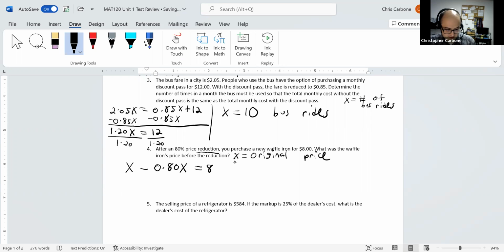So combining the like terms here on the left, we would get 0.20 times x is equal to 8. Dividing by that 0.20, would give us an original price of $40.